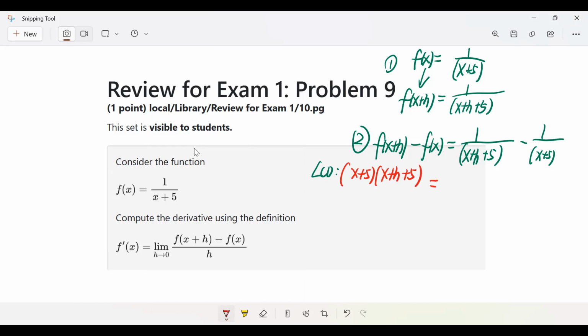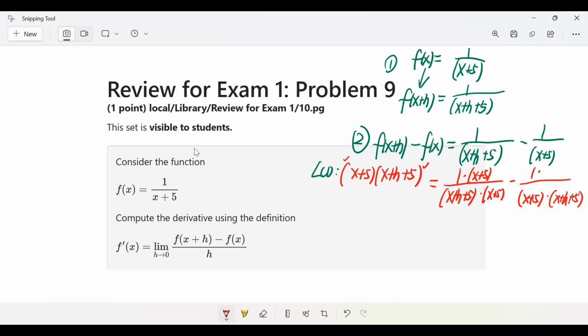For the first term, you're going to multiply by this factor here, right? X plus 5, both top and bottom, 1 times x plus 5. The second one is similar, we multiply by the missing factor, x plus h plus 5.